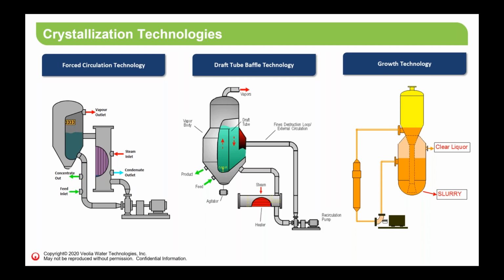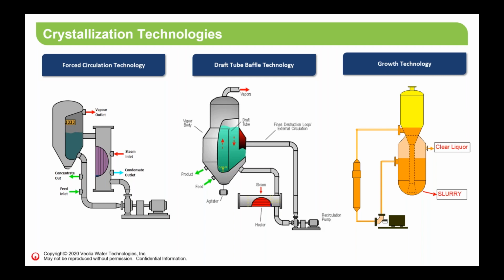What is also interesting is that the agitator allows for less breakage of the crystals, so we maintain the shape of the crystals. Also, the draft tube baffle has a baffled area, so we have an overflow from the baffled area. It is mostly a clear solution having some fines, and this clear solution can go to a fines destruction loop, and through a heater we can destroy the fines and dissolve them. That also helps to grow the crystals more.